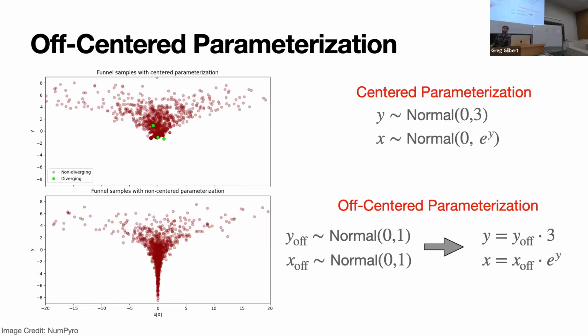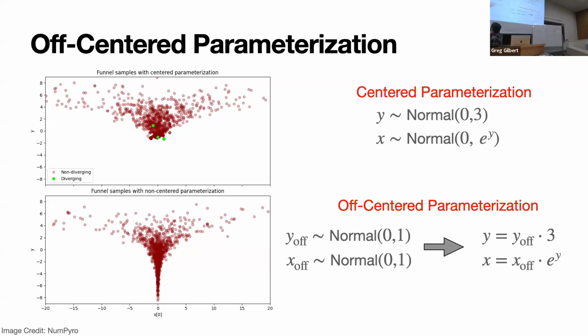So one is this idea called off-centered parameterization. There's a problem you get into a lot of the time with hierarchical models, and it's not unique to hierarchical models. It can arise whenever you have any sort of conditional structure between variables. They're called hierarchical funnels, where MCMC samplers can really struggle to explore deep in the funnel.